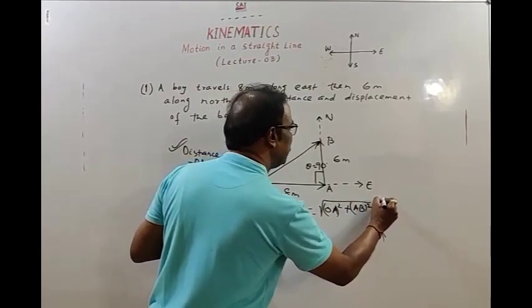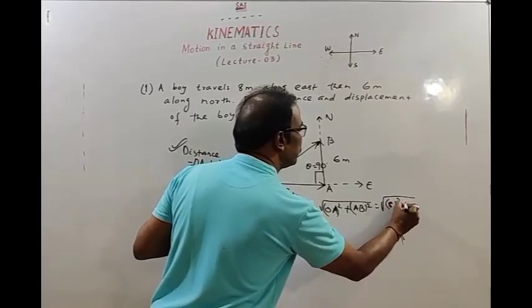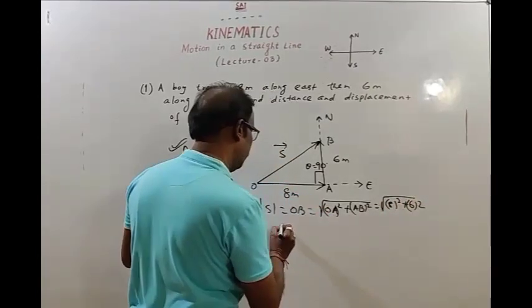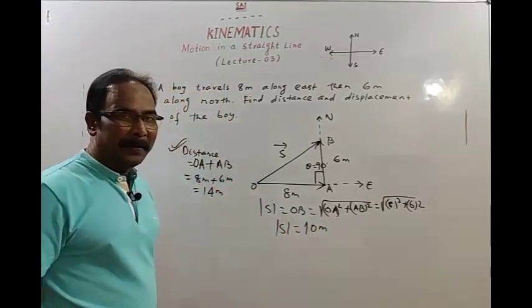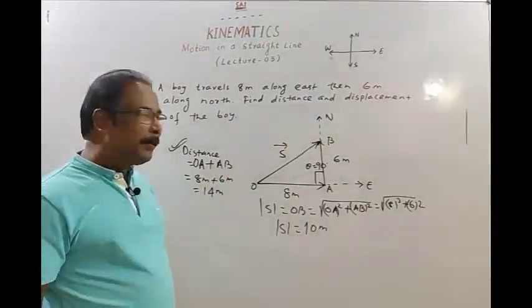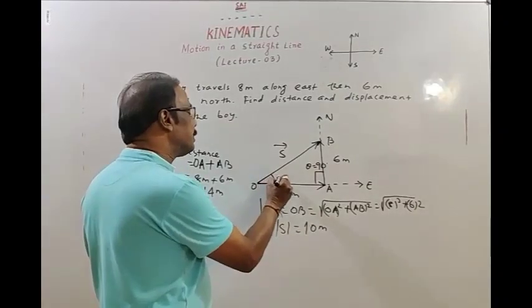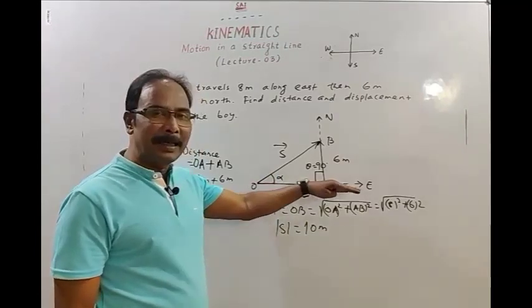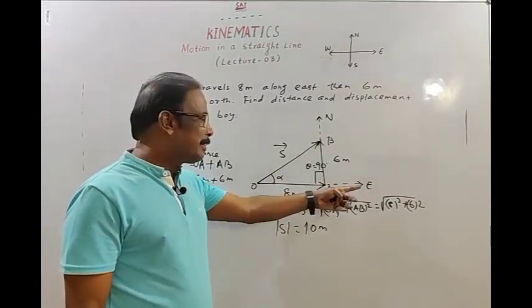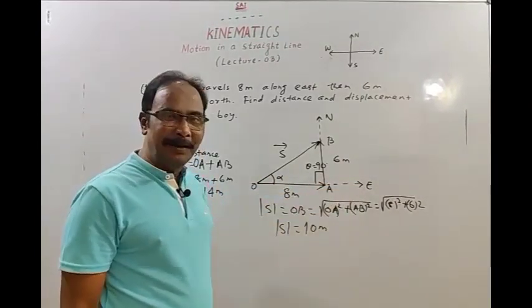And this is equal to square root of 8 square plus 6 square. So magnitude of displacement is 10 meters. Then we have to get direction of displacement. Let this angle be alpha, meaning resulting displacement makes an angle alpha with x-axis, and x-axis is taken along direction east.